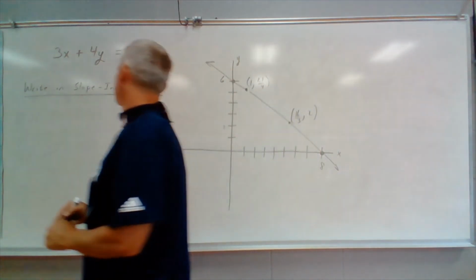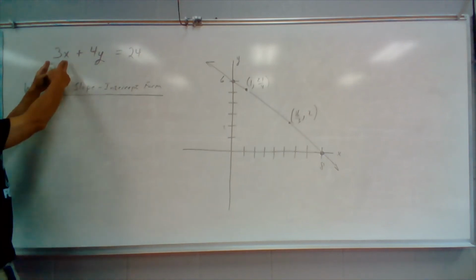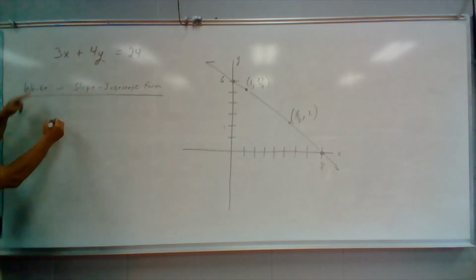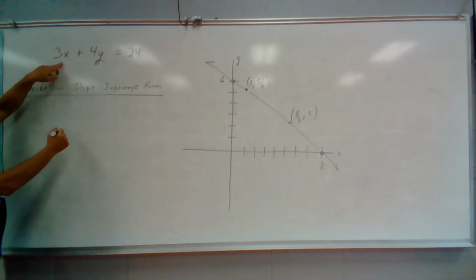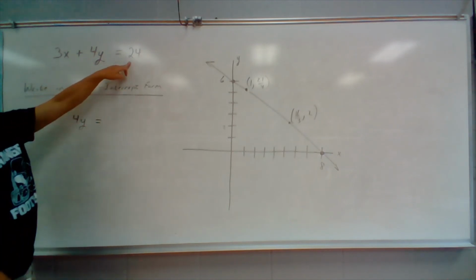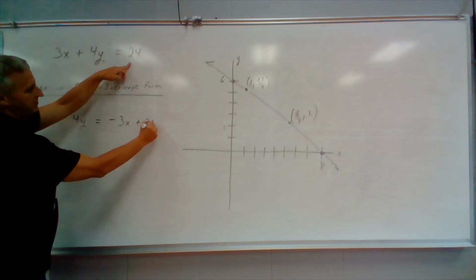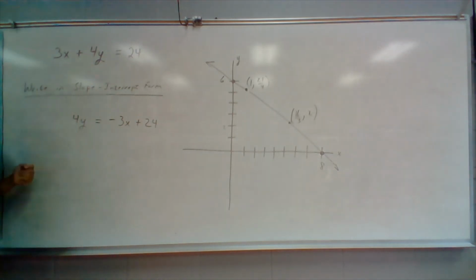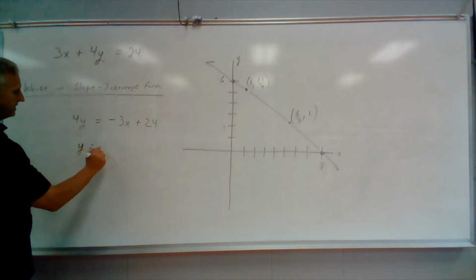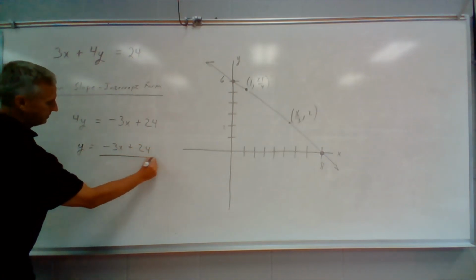So to do this, we want to just solve the equation for y. So I'm going to move the 3x to the other side by subtracting 3x from both sides. So if I subtract 3x from this side, I'll be left with 4y. If I subtract 3x from this side, I'll have negative 3x plus 24. Then I can divide both sides by 4. So y equals negative 3x plus 24, all divided by 4.